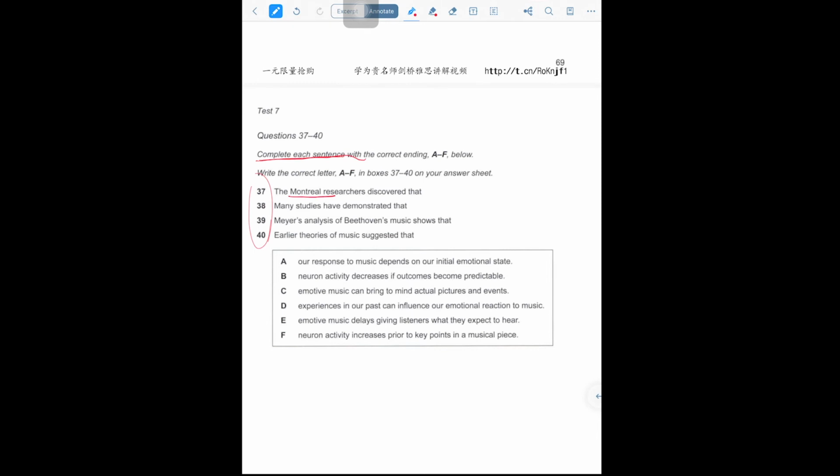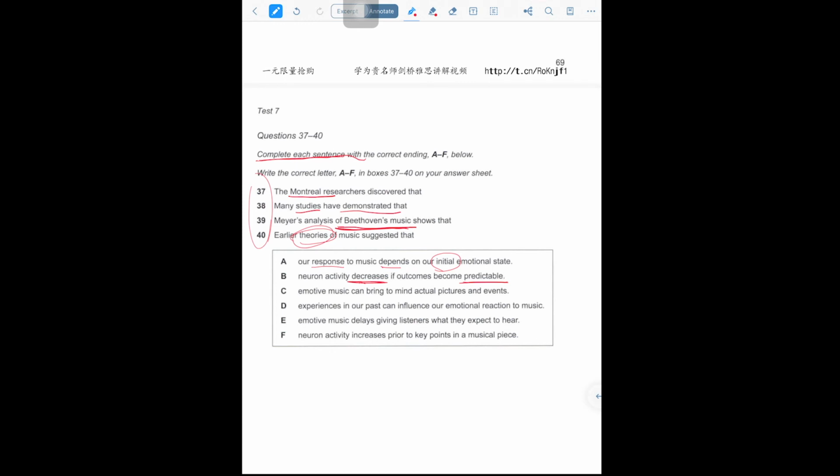Montreal research studies demonstrate, analyze Beethoven's music. Theories suggest that response to music depends on our initial emotional state. Neural activity decreases if the outcome becomes predictable. Decrease.